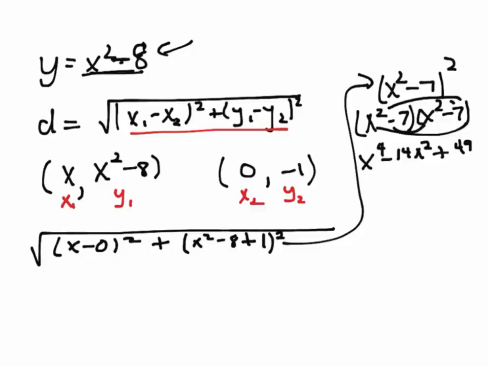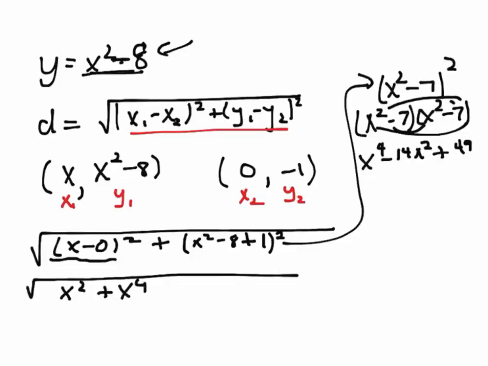So we could write this to simplify. This right here is just going to be x squared plus what I got up in the right hand corner here, x to the 4th minus 14x squared plus 49, which is going to be the square root of x to the 4th, and then we combine, so that's done.